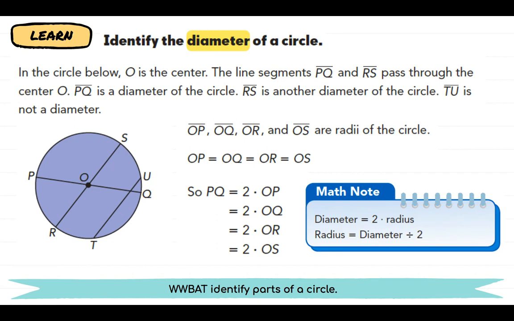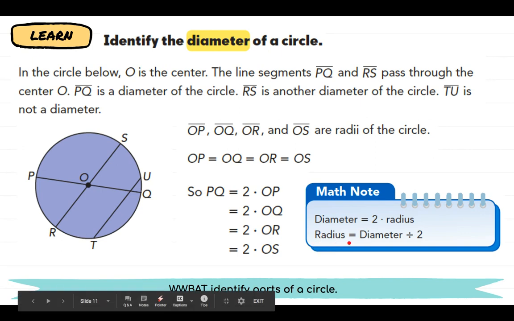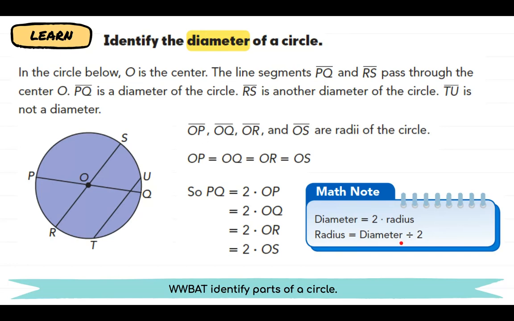So if we know the radius, we can say that the diameter is 2 times the radius. Or if we know the diameter and we want to find the radius, you can say that the radius is diameter divided by 2, because the radius is half of the diameter.